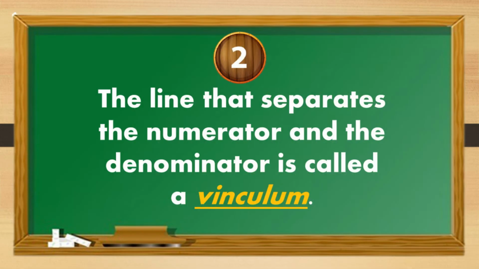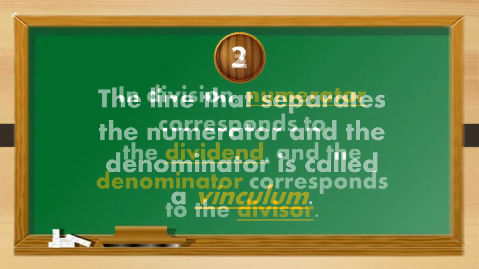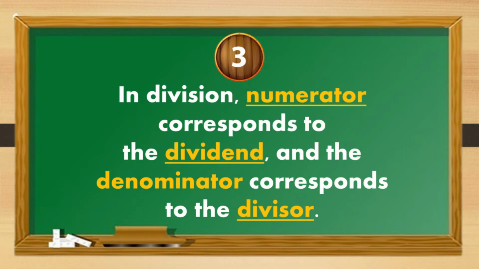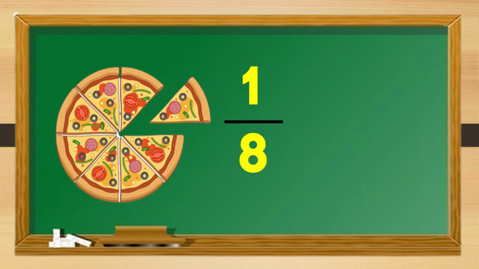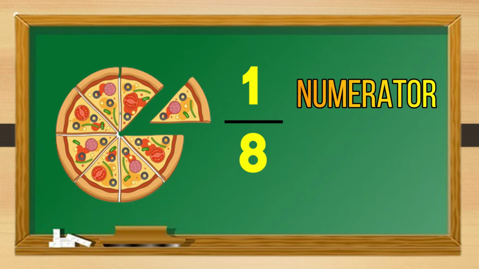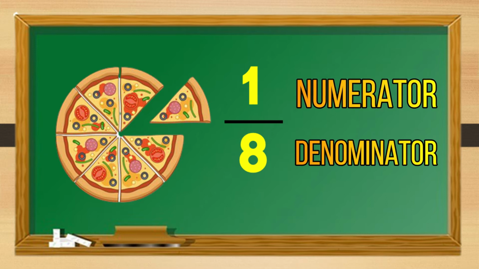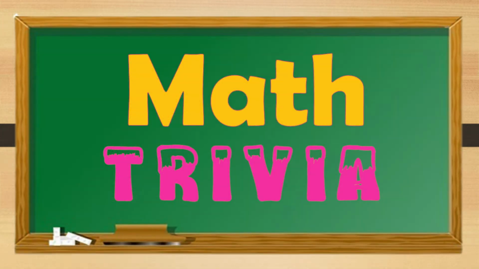The line that separates the numerator and the denominator is called a vinculum. In division, numerator corresponds to the dividend and the denominator corresponds to the divisor. In 1/8, 1 is the numerator and 8 is the denominator. I hope you learned something from the trivia. Let's move on to our lesson.